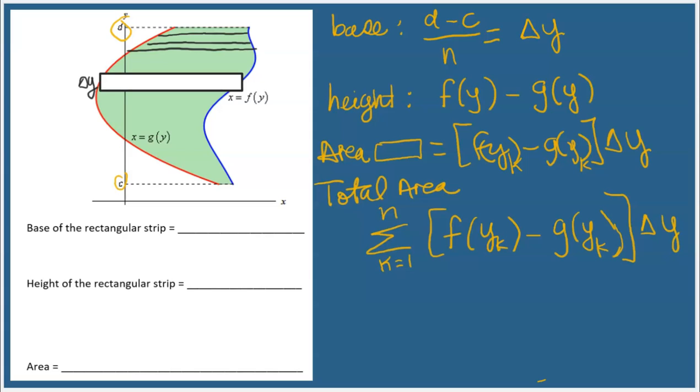Now, how are we going to get a really good estimate? The good estimate would be for n to be really big, so that our rectangular strips are very skinny, so that we can get a very good estimate, right?